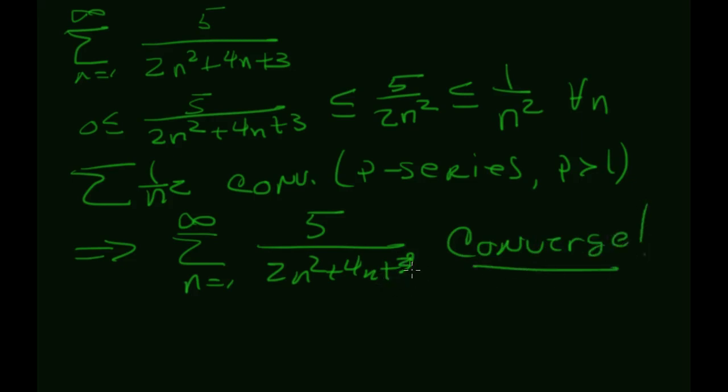All right. So that's a simple use of the comparison test to show convergence. Now let's give an example of where it will show divergence. Okay, so let's take a look at the sum of the square root of n over n minus 1, and does this converge?